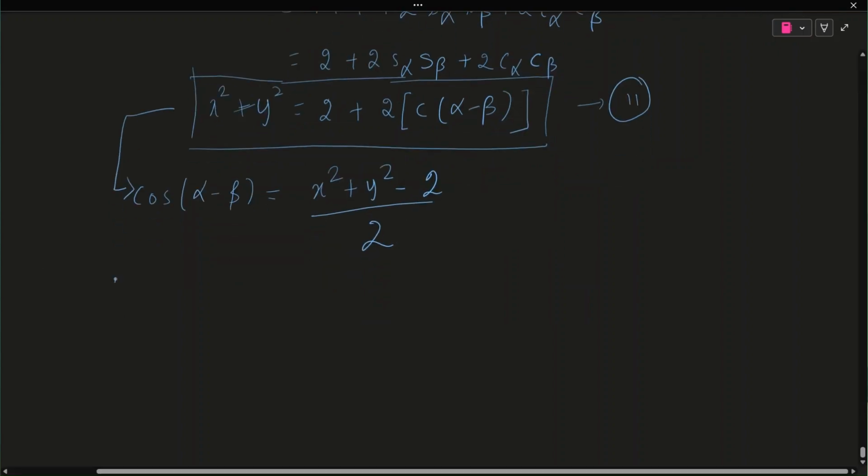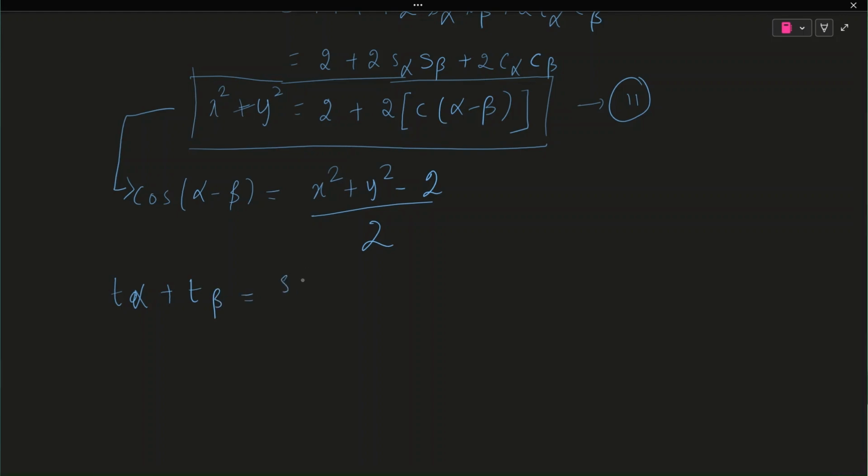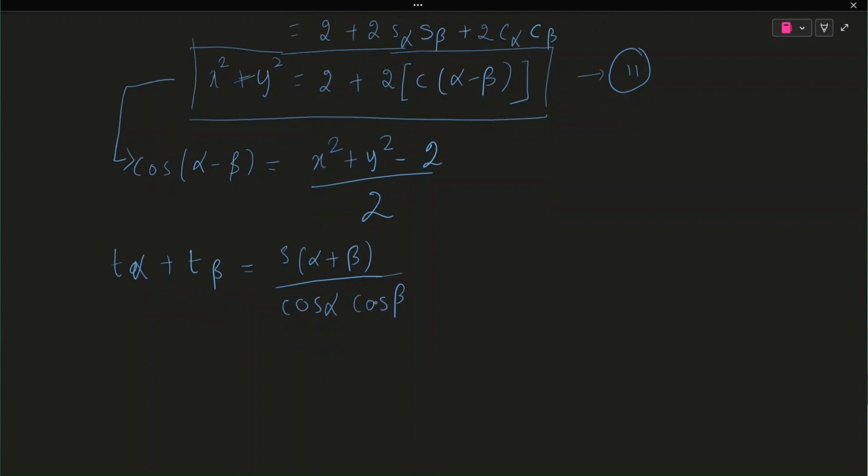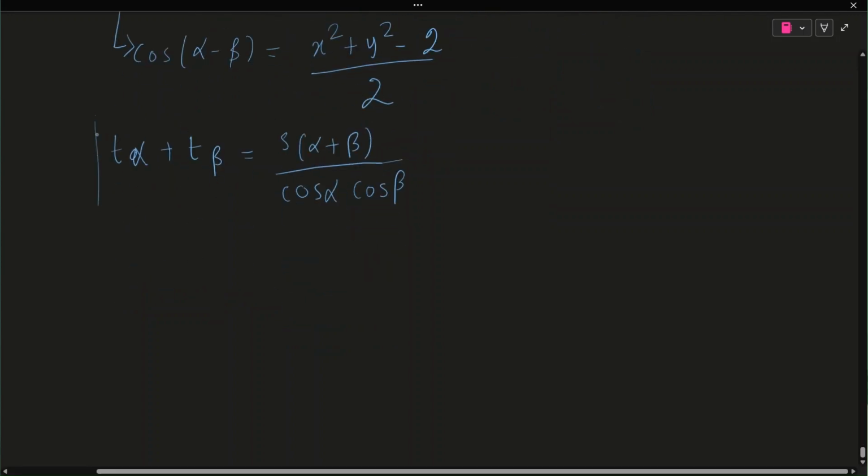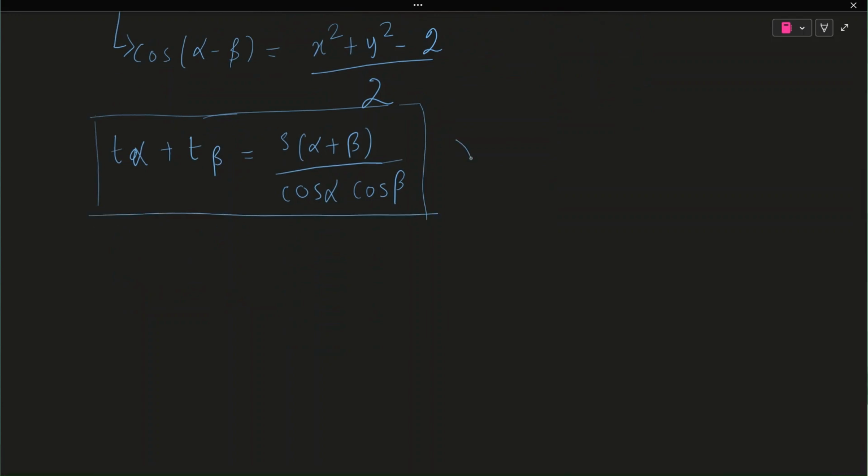Now tan alpha plus tan beta is equal to sine of alpha plus beta divided by cos alpha cos beta. This is a very, very important identity deduced. Why?